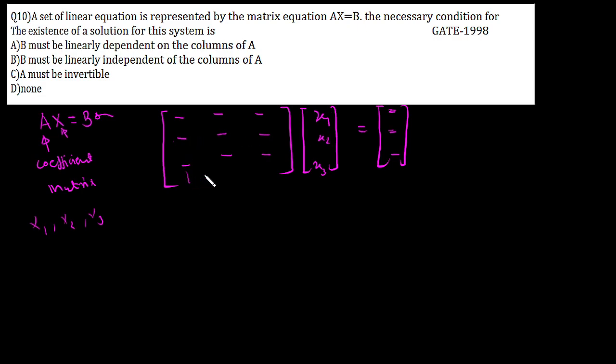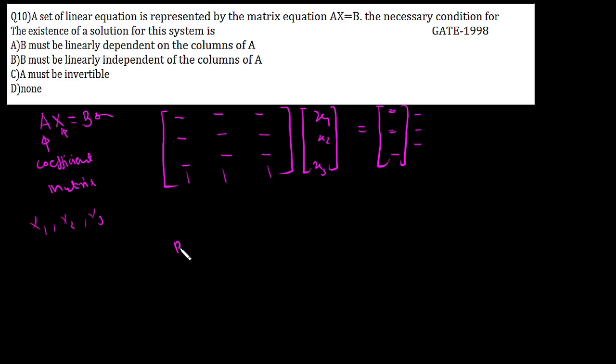This means all these columns combine to give this right hand side, which is b, and then the system has a solution. So I can say that b must be linearly dependent on the columns of A, because whatever it may be, it must be representable as a linear combination of this form.